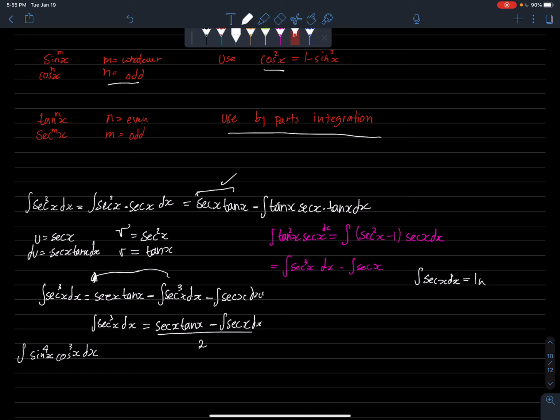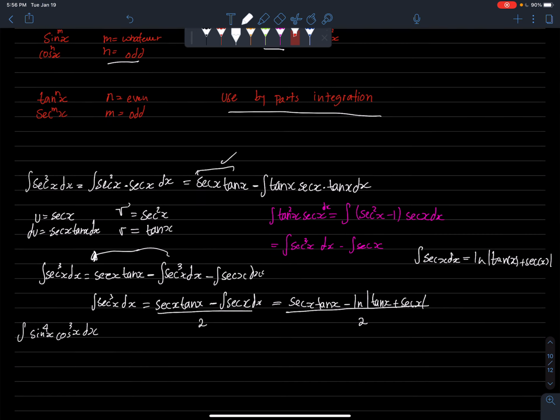It's equal to ln of tan x plus secant x. So let's rewrite it: secant x tan x plus ln of tan x plus secant x, all over 2.